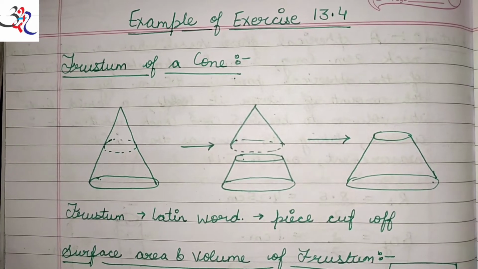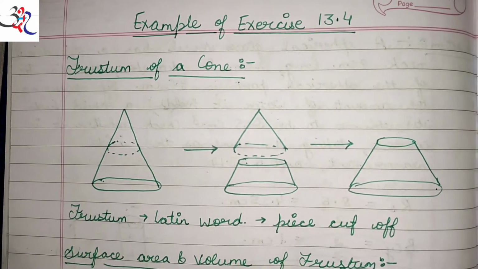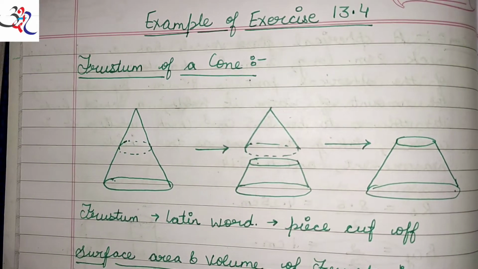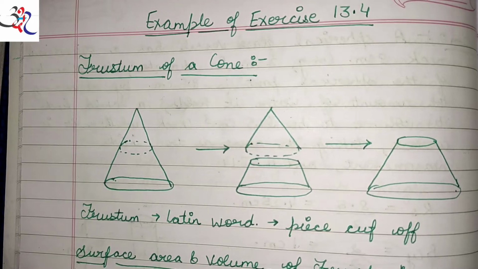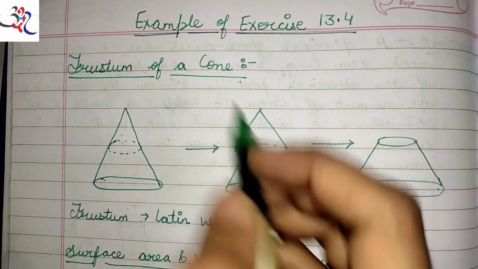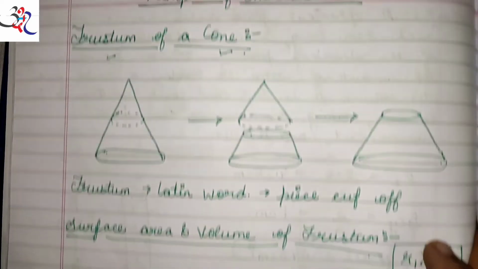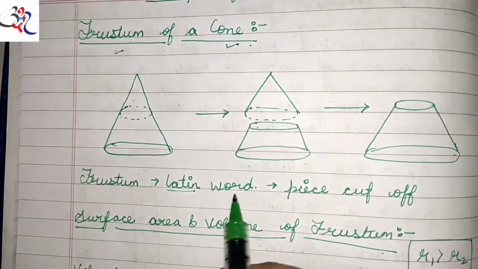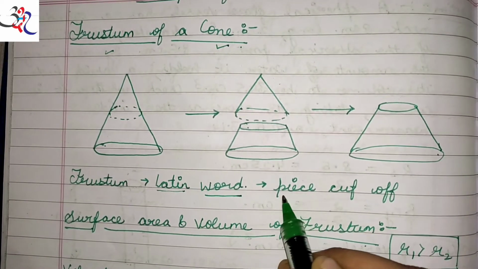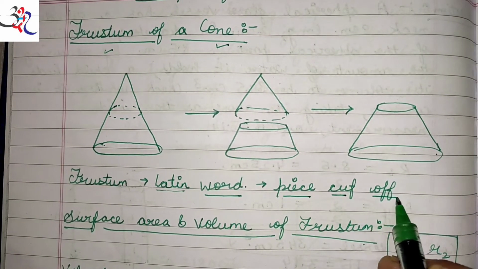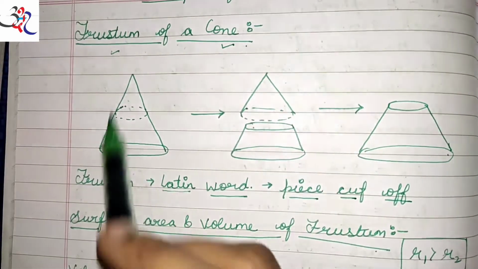So let's start today's topic, which is related to examples of exercise 13.4, and the name of the topic is frustum of a cone. So let's first understand what a frustum is. Basically, frustum is a Latin word which means that a piece is cut off from the cone.